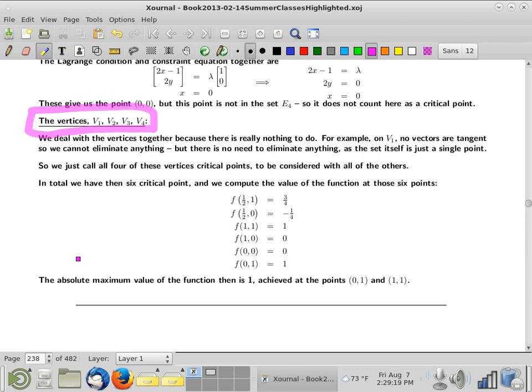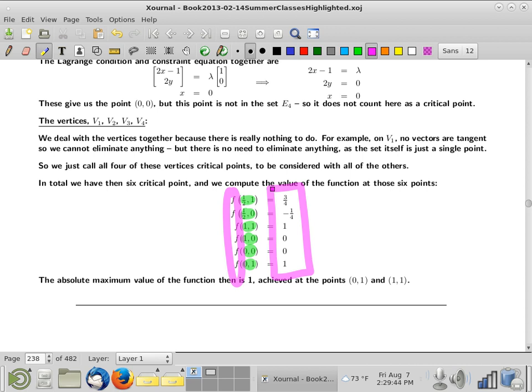So grand total then, with all of the various subdomains taken together, here are all the critical points. Plug them all into the function. These are the values of the function at all the critical points. We know the maximizer's out there somewhere. We know it's therefore got to be a critical point. These are the only critical points.